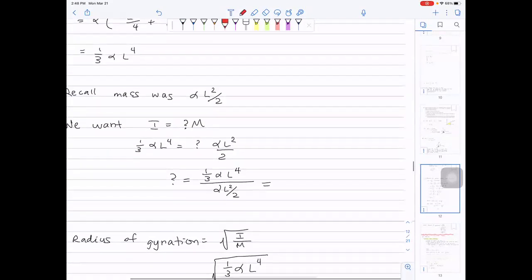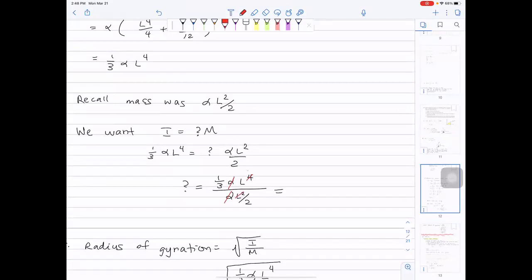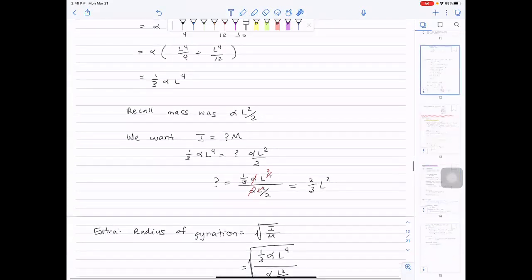The alphas cancel out, L squared cancels out, and the 2 goes up. So you have 2/3 L squared. So if it asks you to write the moment of inertia as something times m, that something is 2/3 L squared. Any questions on that?